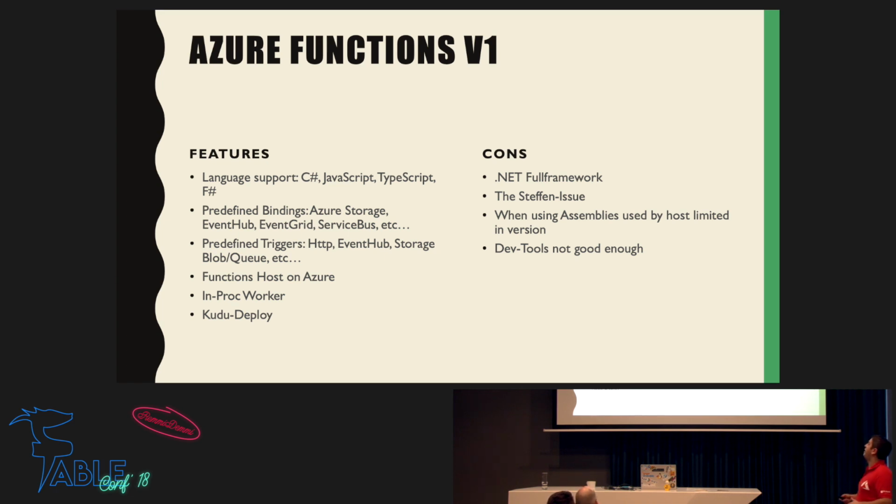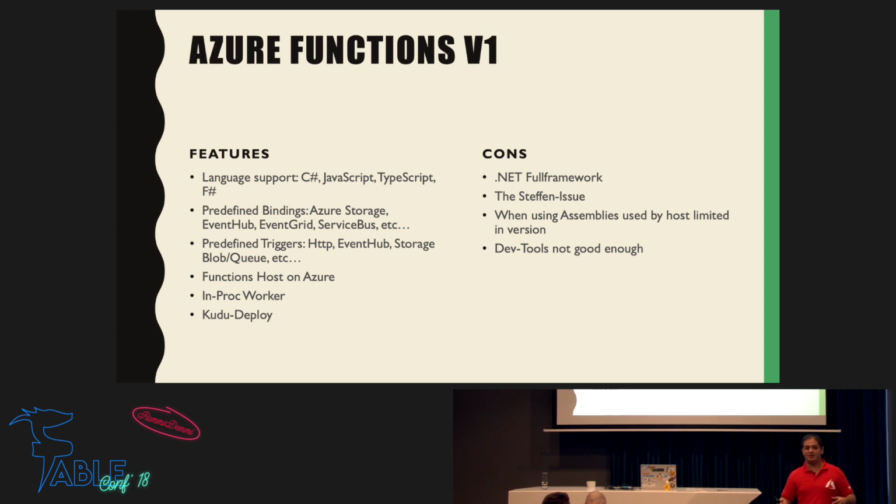What was bad? Okay, we could argue about the first point. It used the full .NET framework, which has pros and cons. One of the problems is the app domain in the full .NET framework, and this was causing a lot of problems. One of them is the Steffen issue, right?